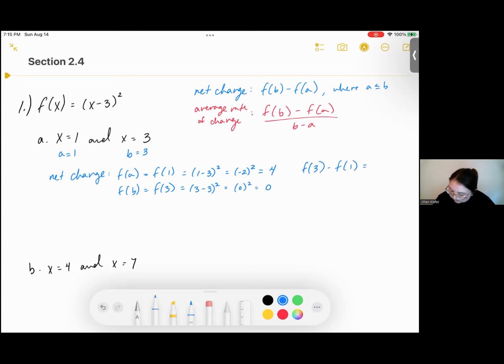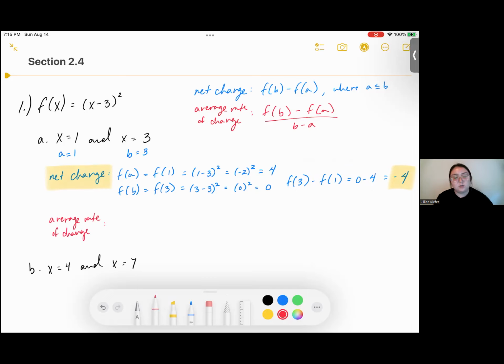This simplifies to 0 minus 4, which is negative 4. So our net change is negative 4. Now, we want to calculate the average rate of change here as well.